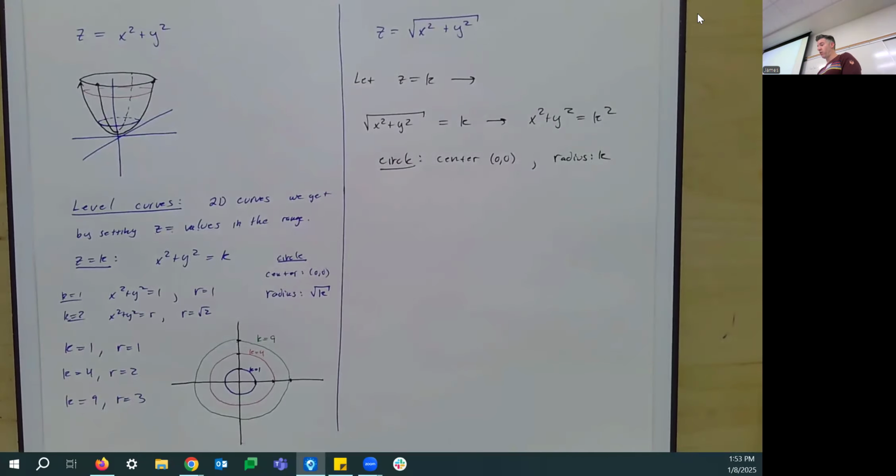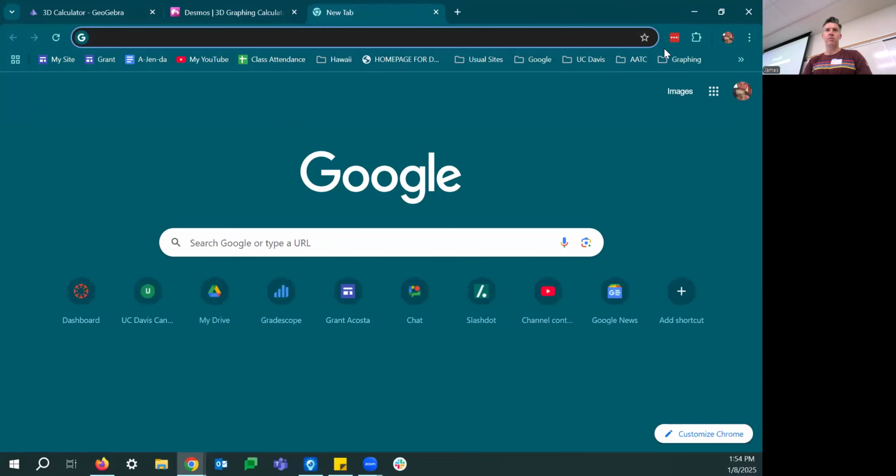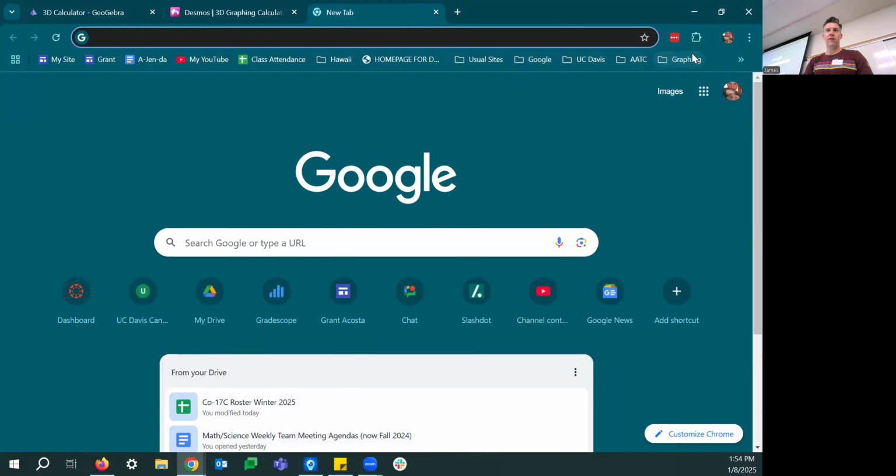Which means the level curves. I'll point out the level curves I've drawn here might be misleading because my k values are not the same increments each time. So if I were to draw, in fact, let's just do it over here real quick because my drawing is not going to be helpful. So let's do this the smart way. Let's go to regular Desmos, graphing Desmos.